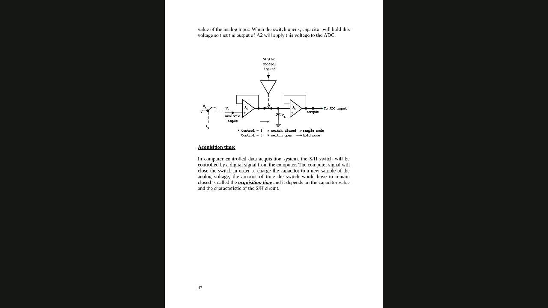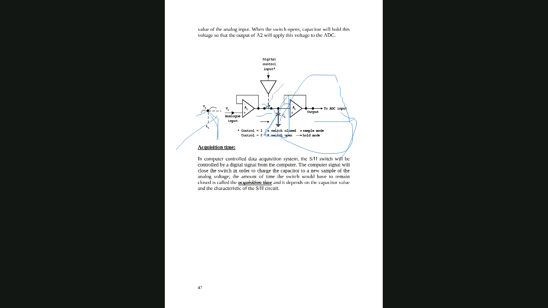So I send one analog input. That analog input will pass through this buffer, and this is the capacitor here. The capacitor will hold the input for that particular time, and then this input will go to the ADC. Then this switch will be open, an open circuit. Why open circuit?